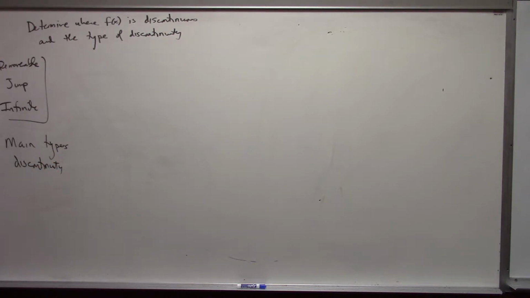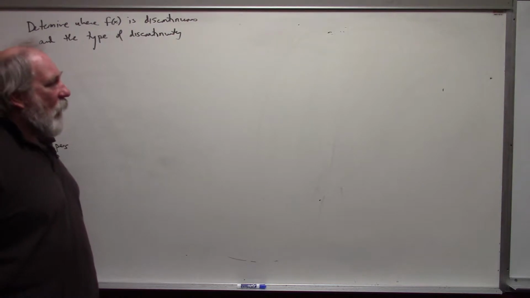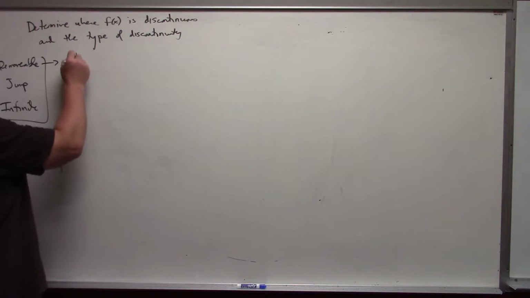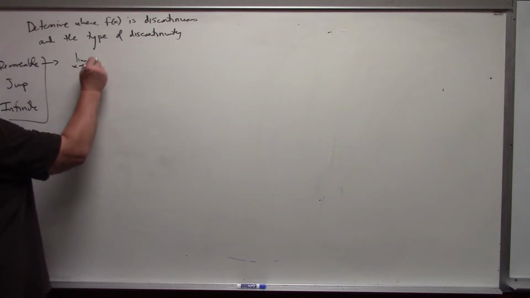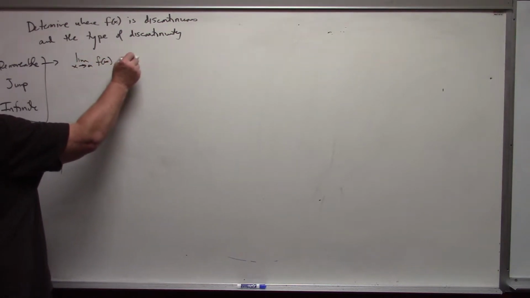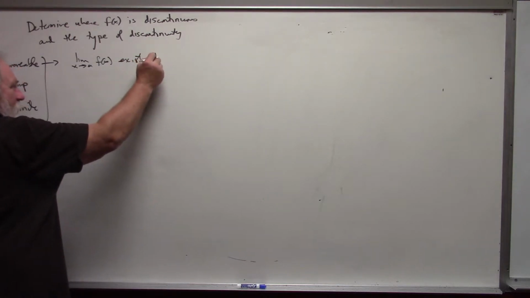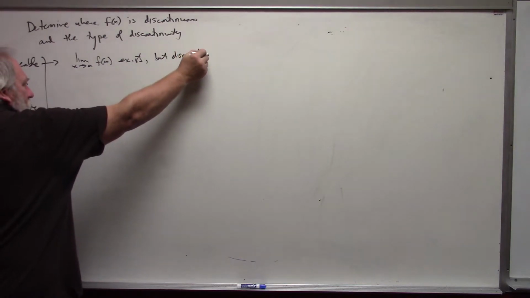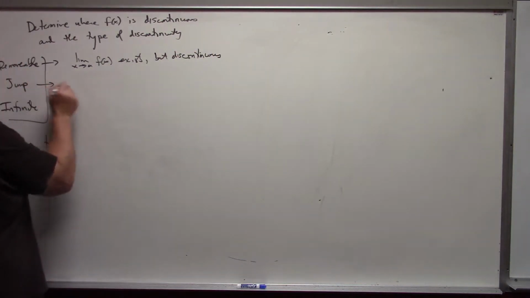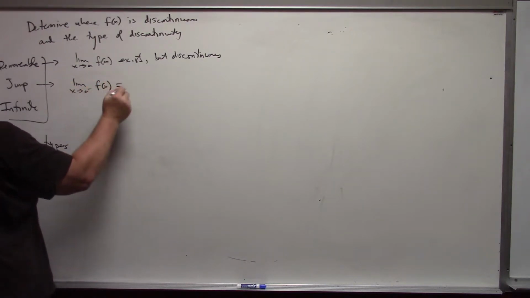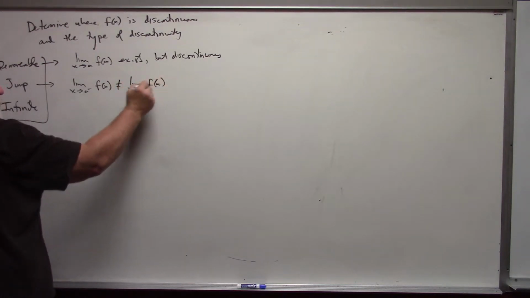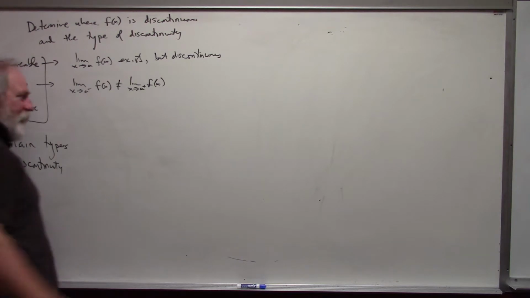So, removable: the limit as x approaches a of f of x exists, but it's still discontinuous. Jump: the limit as x approaches a from the left does not equal the limit as x approaches a from the right, but they're both real.